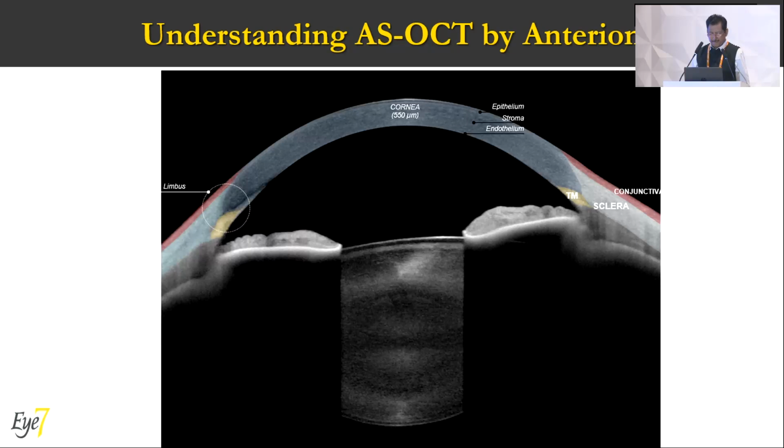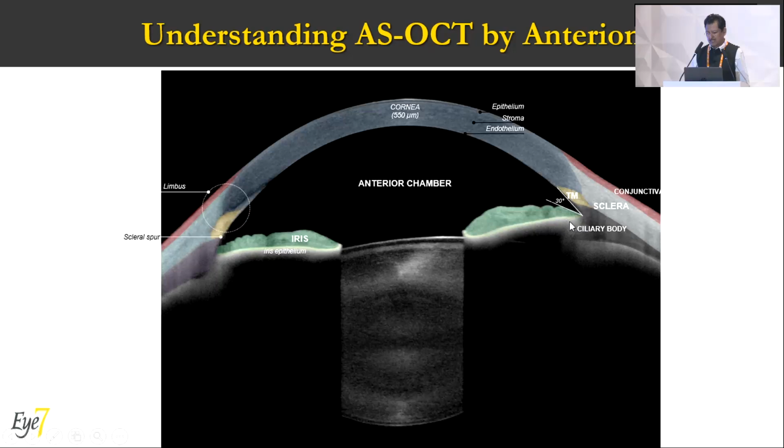Right? Now, this is the scleral spur, a very important landmark for us when you're doing the ICLs. And the ciliary body, the anterior chamber, and the angle. These two are very important landmarks for us.